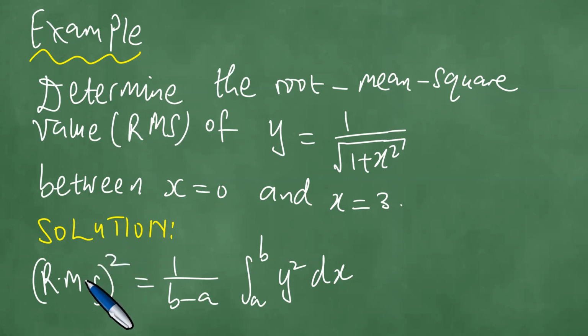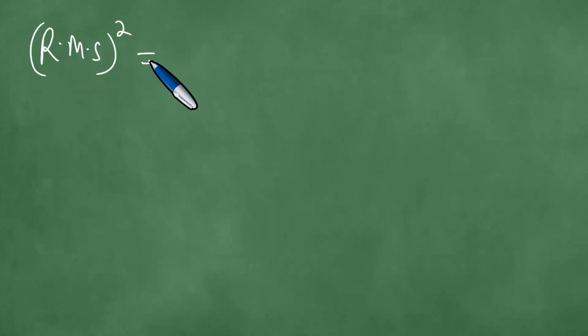Okay, so we solve this problem and we continue solving these as follows. So right now we have the following. It follows therefore that the root mean square squared is the same as what?